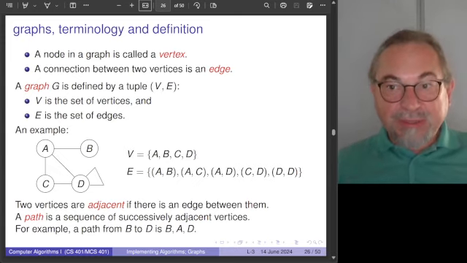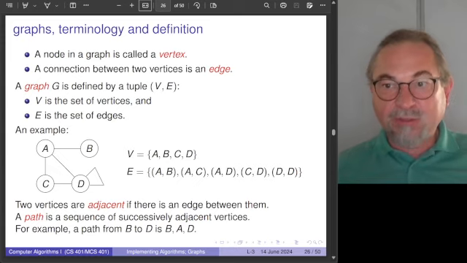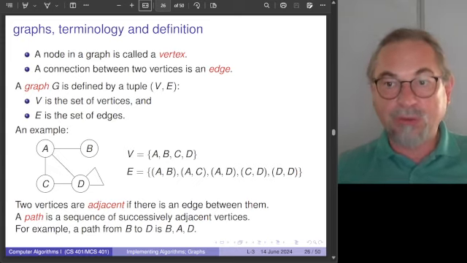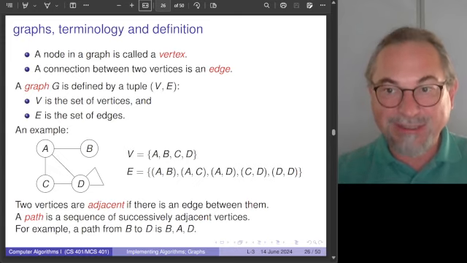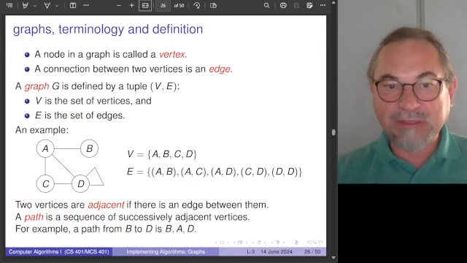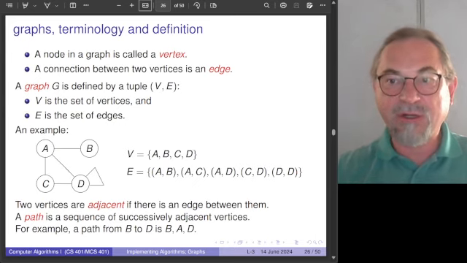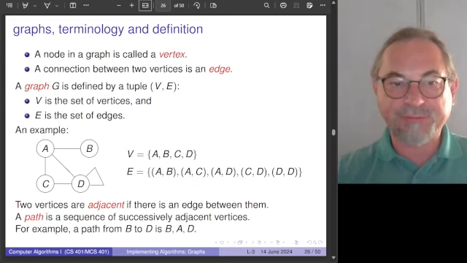We will be interested in deciding whether a graph is connected or not, whether for any two vertices there exists a path. A path is a sequence of successively adjacent vertices, a sequence of vertices where two consecutive vertices are connected by an edge.